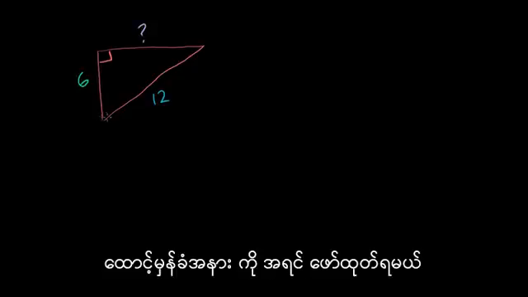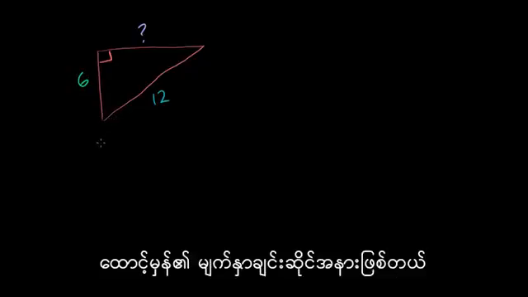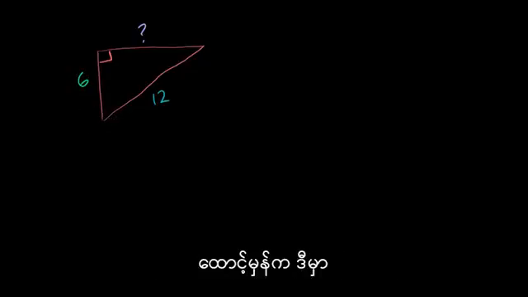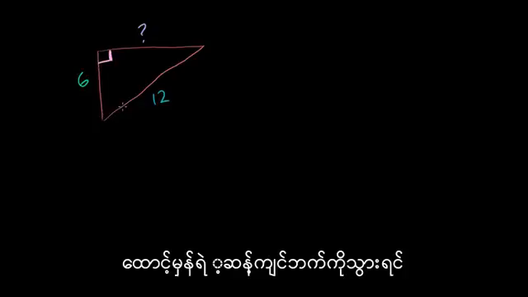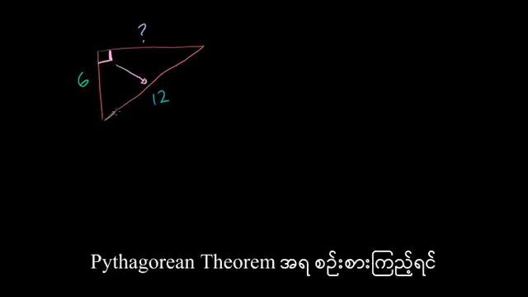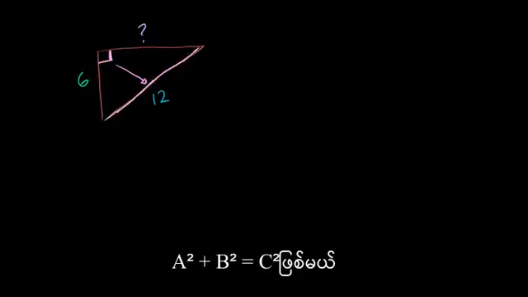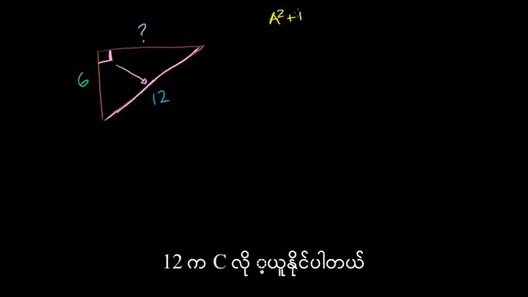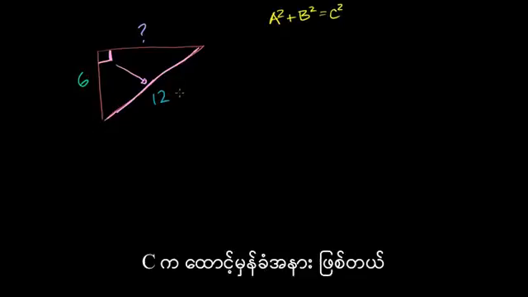Now, like I said, the first thing you want to do is identify the hypotenuse. And that's going to be the side opposite the right angle. We have the right angle here. You go opposite the right angle. The longest side, the hypotenuse, is right there. So if we think about the Pythagorean theorem, that a squared plus b squared is equal to c squared, 12 you could view as c.